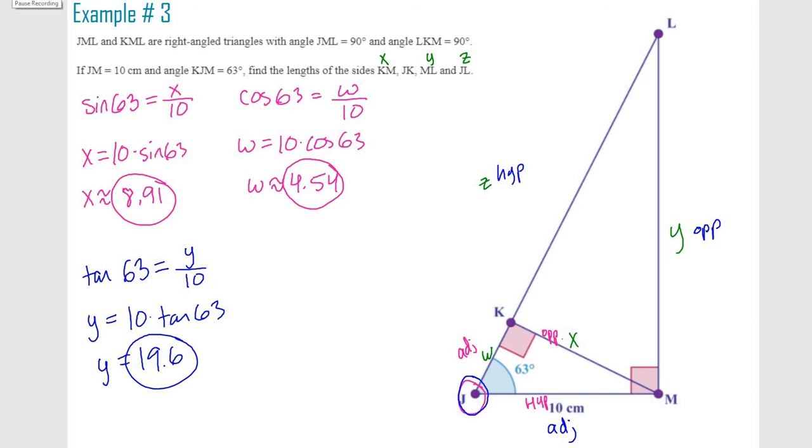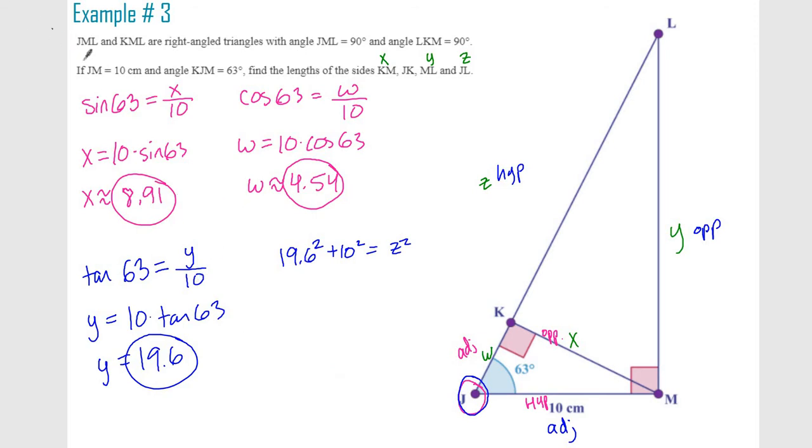Sorry, Cognity does these things very weird. Okay, so there's a whole bunch of different ways you can do it. They suggested using Pythagorean theorem with y, so using that 19.6. When you do that, you would do 19.6 squared plus 10 squared equals z squared, your hypotenuse squared.